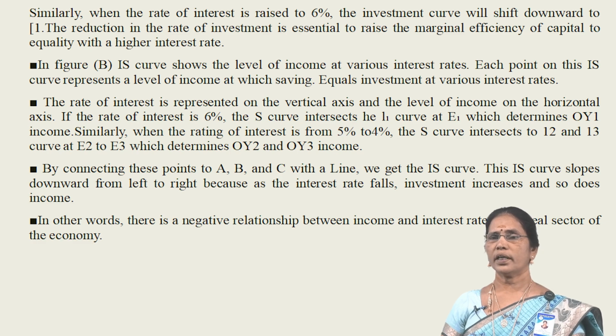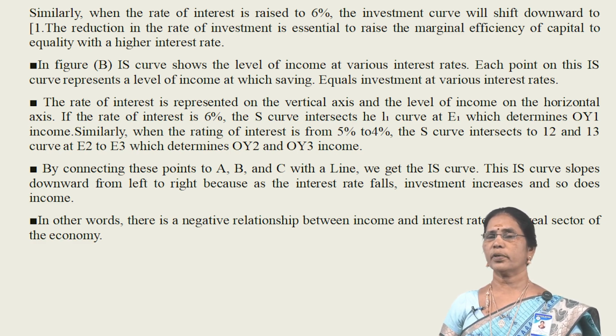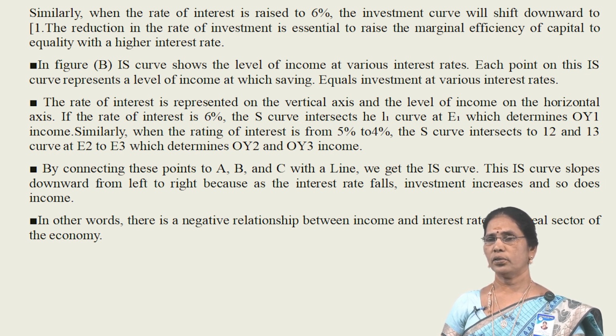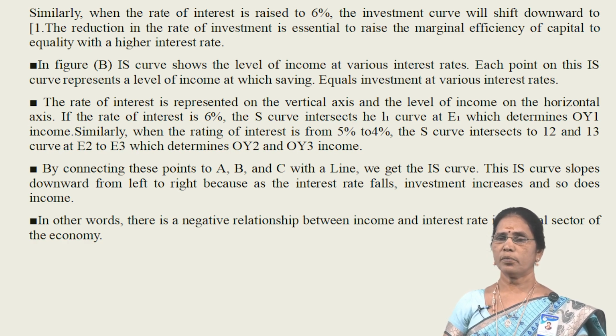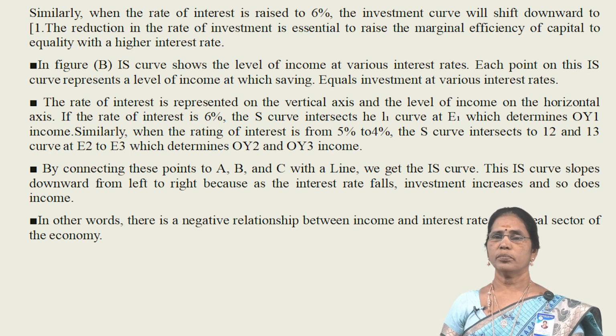Similarly, when the rate of interest falls from 5% to 4%, the saving curve intersects the I2 and I3 curves at E2 and E3, which determine OY2 and OY3 income. By connecting these points A, B and C with a line, we get the IS curve.